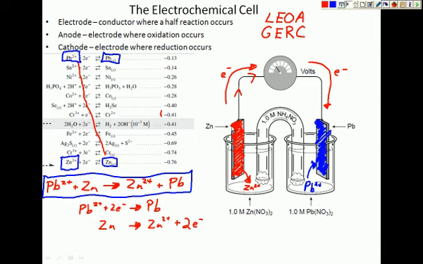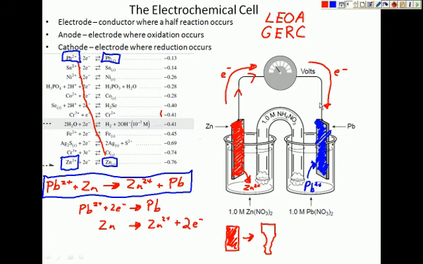It's actually going to be getting smaller. So this electrode right down here is going to go from something that looks like this, and after the cell starts to run for a little bit, it's going to look like, kind of getting thinner and thinner and losing mass at this electrode.